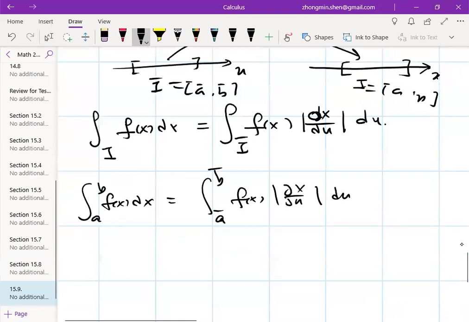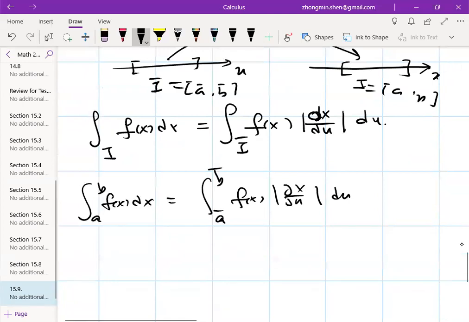If I remove the absolute value, then it depends on whether the derivative is negative. If the derivative is negative, it means you reverse the order of the interval. So if A bar is mapped to B, B bar is mapped to A.